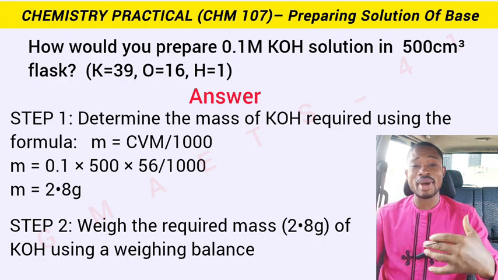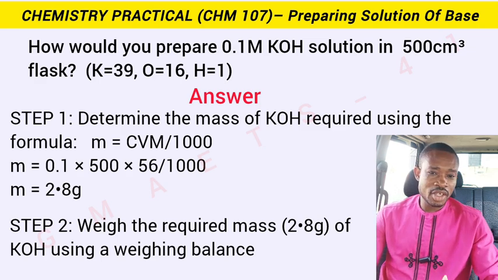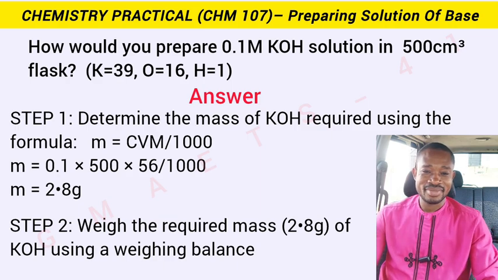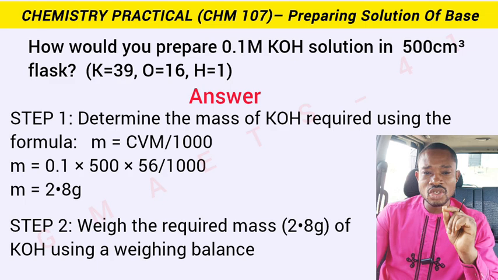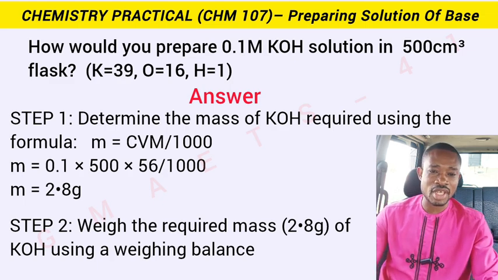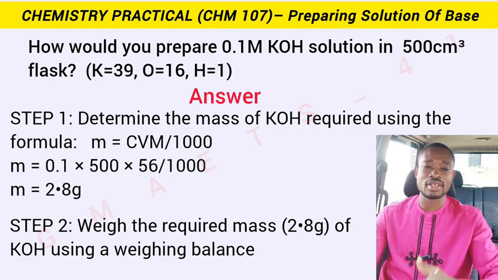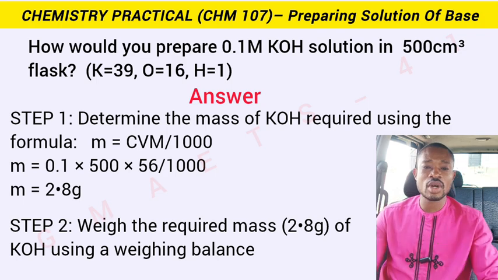So you have to weigh this mass that you have determined, that you have calculated. That is step 2. Let us move on to step 3. In step 3, dissolve the 2.8 gram mass of potassium hydroxide in about 200 cubic centimeter of distilled water contained in the volumetric flask.